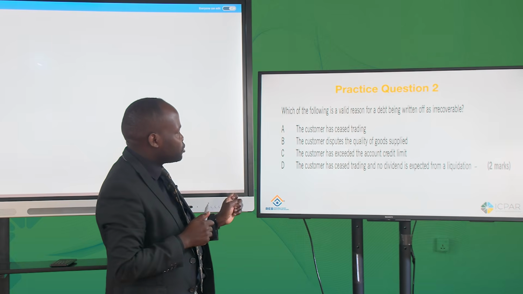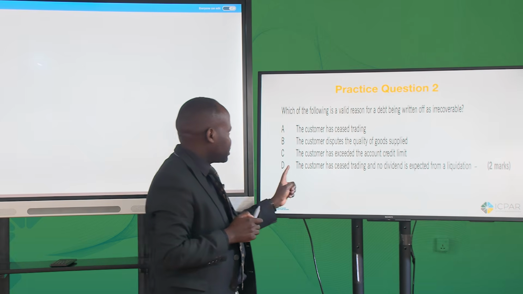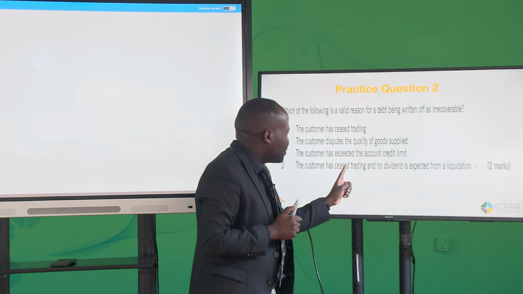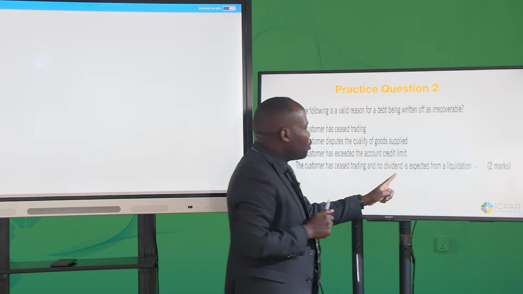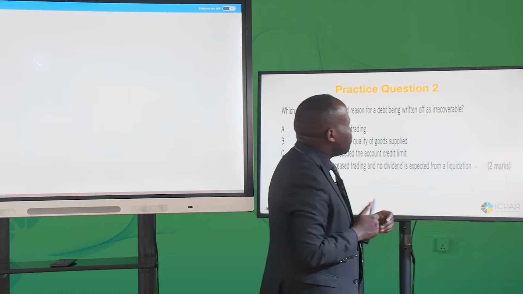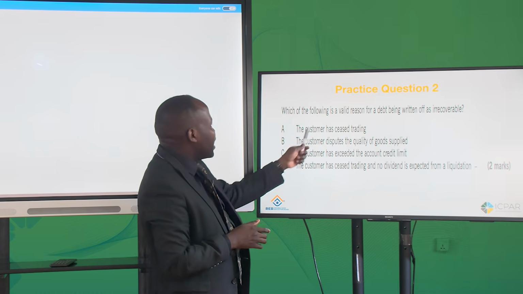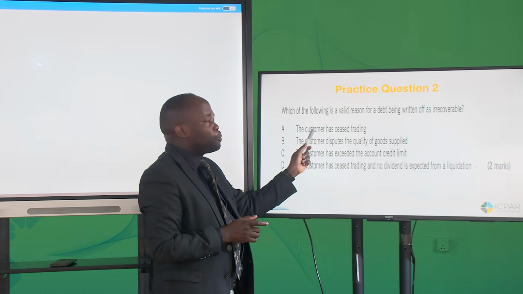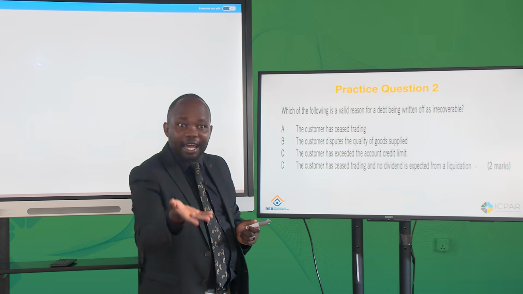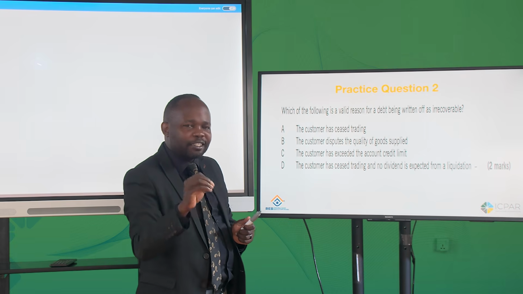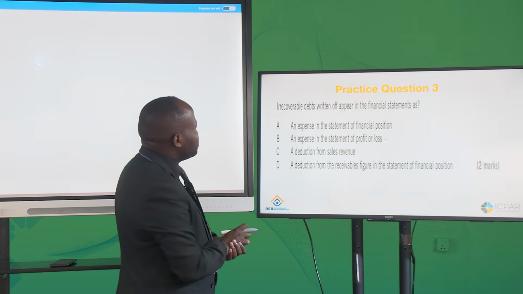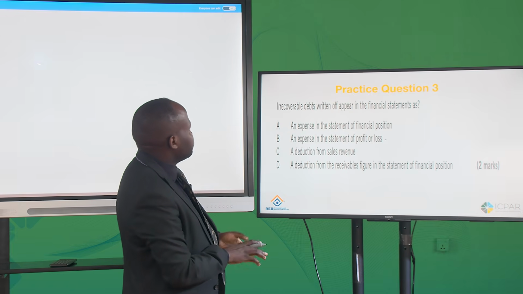That's also not a reason to write off as irrecoverable. Number 4, the customer has ceased trading, gone into liquidation, and no dividend is expected from liquidation. So here, you cannot just, because the customer stopped trading, you can still take him to court and claim the money, unless you have explored all the channels available and you have confirmed that they cannot repay.